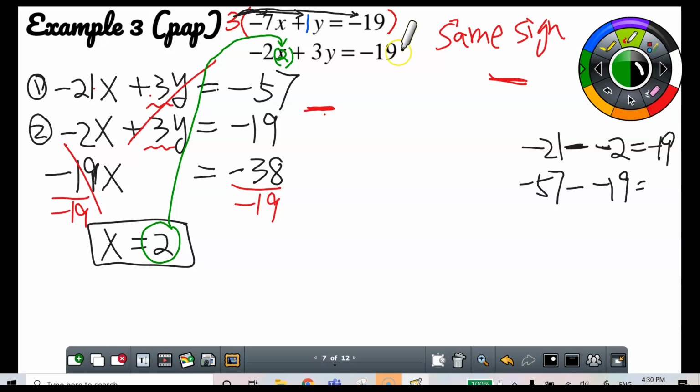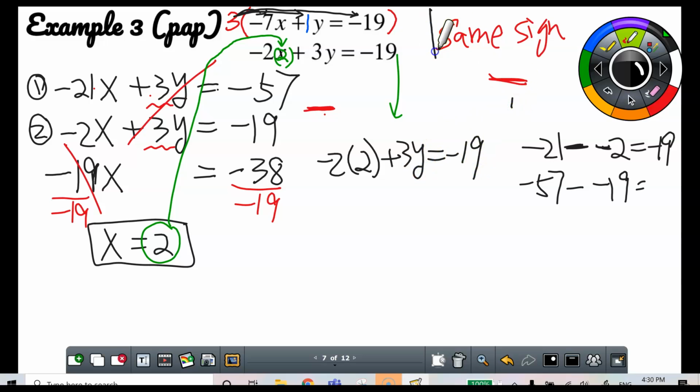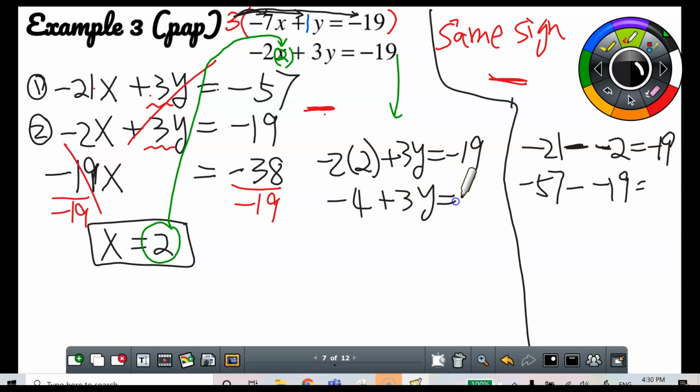So let's write this equation down, which is negative 2 times 2 plus 3y equals negative 19. This is our work over there, right? And it's negative 4 plus 3y. Keep solving the equation for y.